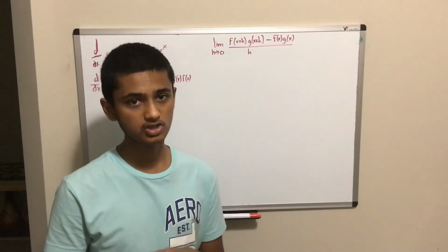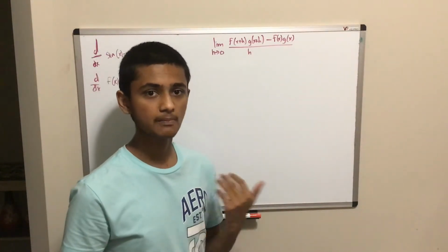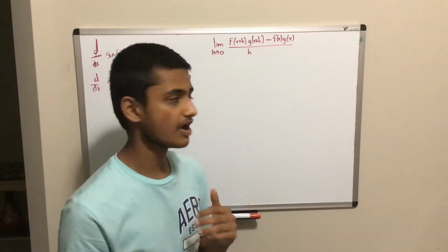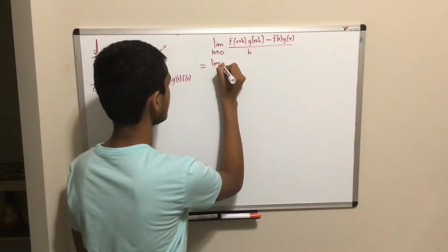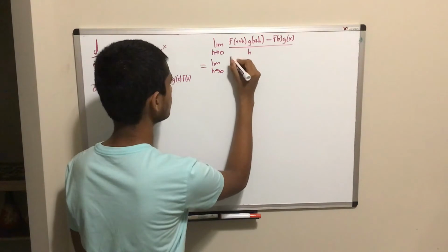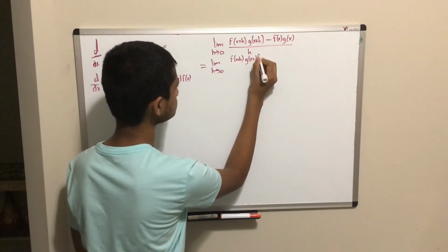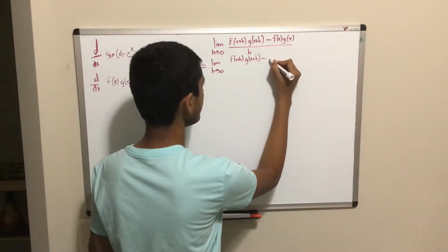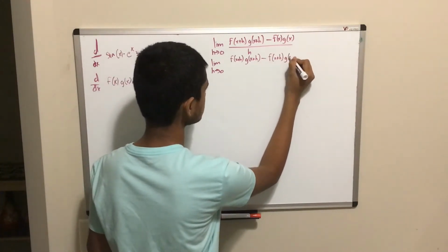But luckily we can do some algebraic manipulation and try adding some things to the numerator and then subtracting it back out so that it makes it easy to factor. So what we can write this as is the limit as h approaches 0 of f of x plus h times g of x plus h minus f of x plus h times g of x.